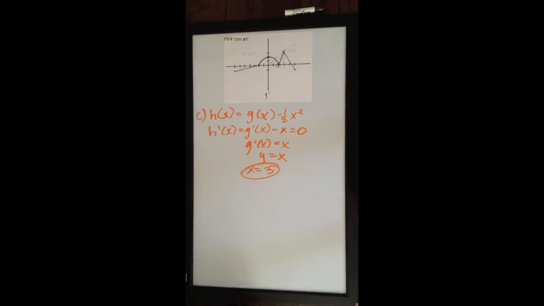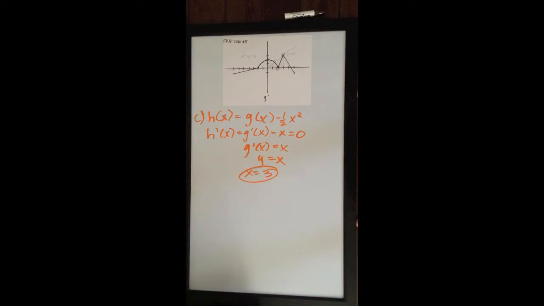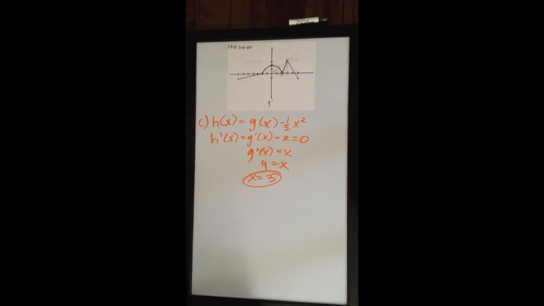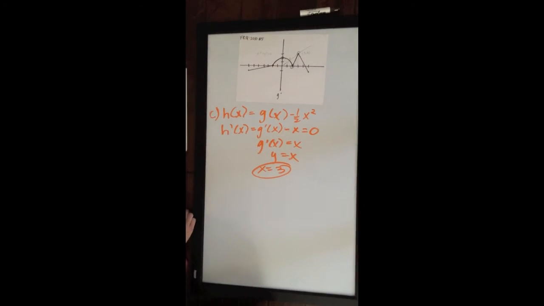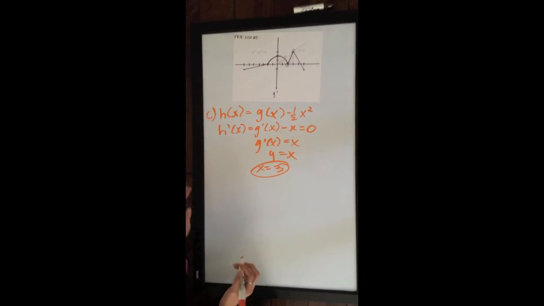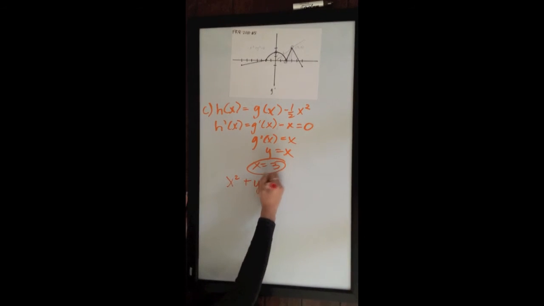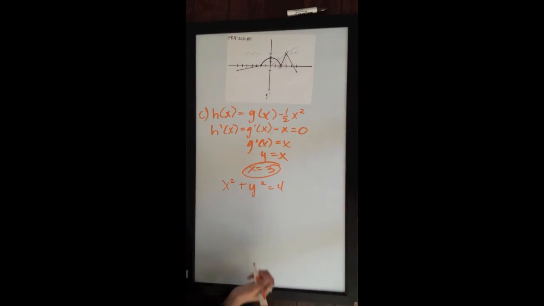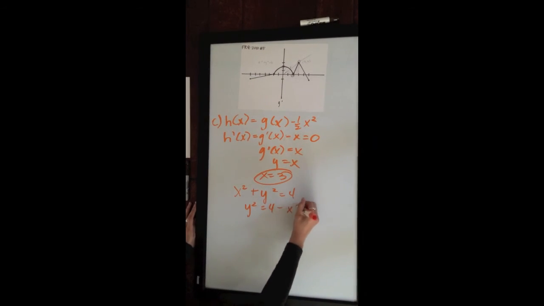But to find the other intersection, we actually have to find where the function equals x. So by looking at this semicircle, we can find that the equation of g prime of x is x squared plus y squared equals 4. And we're going to solve for y. So y squared equals 4 minus x squared.